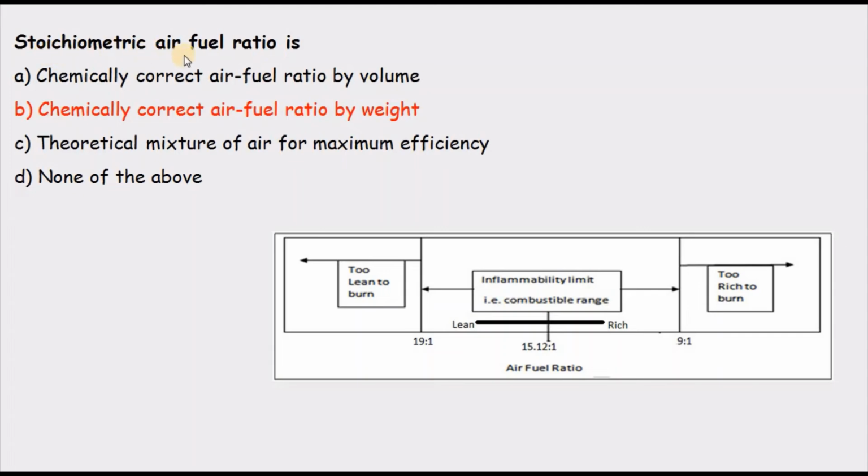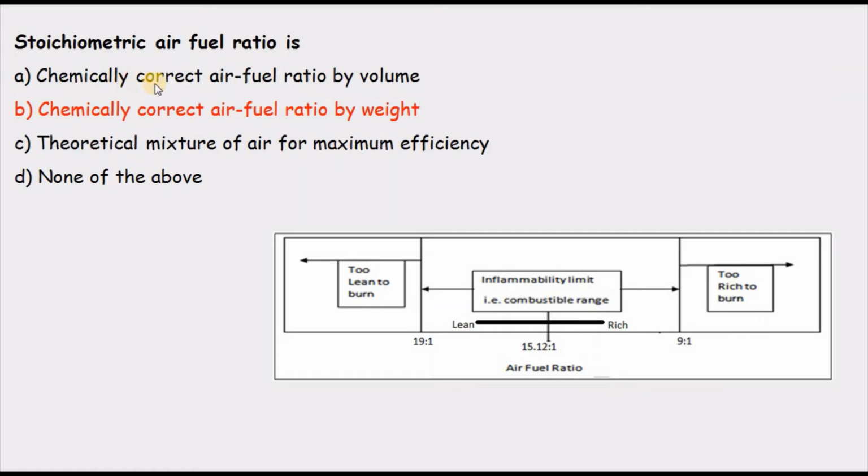Next question is, stoichiometric air fuel ratio is. So here the question is, what is the meaning of the stoichiometric air fuel ratio? Now options are chemically correct air fuel ratio by volume, chemically correct air fuel ratio by weight, theoretical mixture of air and air for maximum efficiency, and none of the above. So theoretical mixture of air for maximum efficiency is not correct, because we are talking of air and fuel mixture.